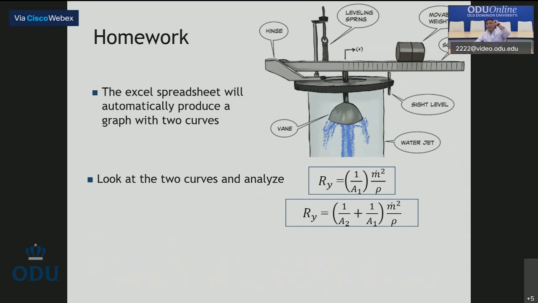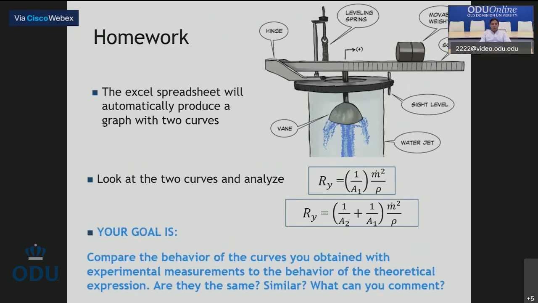And we are also expecting that as we increase the flow rate, the force should increase parabolically, following a parabola, because this is a polynomial of second order. Does that happen? Go and take a look. So your goal is to compare the behavior of the curve obtained from experimental measurements to the behavior of the theoretical expression you have in front of you. Are they the same? Or at least are they similar? And what can you conclude?